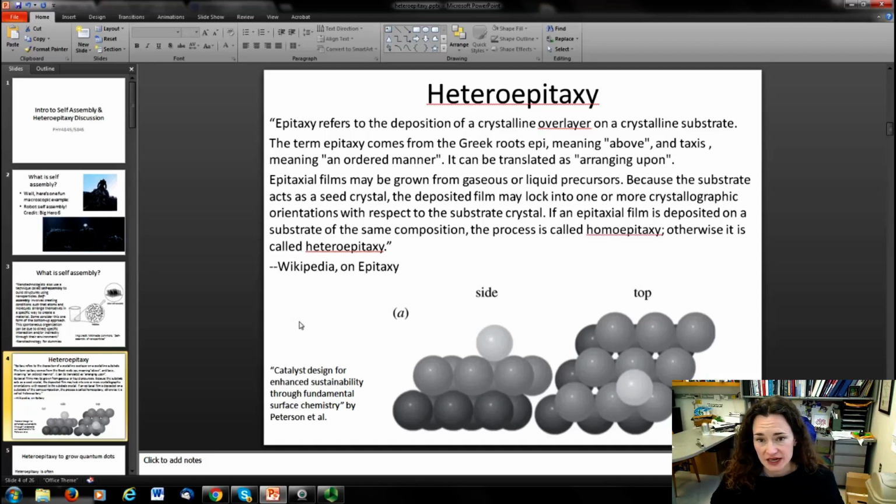Now, back to the idea that the substrate acts as the seed crystal and the deposited film locks into that crystallographic orientation. That's kind of shown here on the side, and it sort of makes sense if you just think about having, for example, a box full of little ping pong balls or something like that. And then you drop balls of different sizes into the box of the ping pong balls, and it forms that solid surface, right?